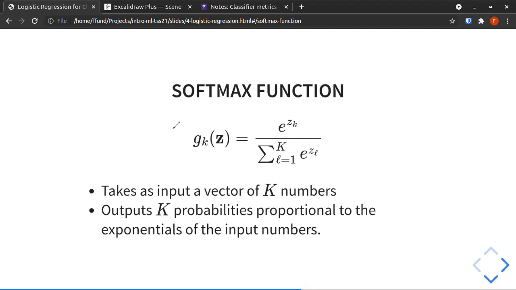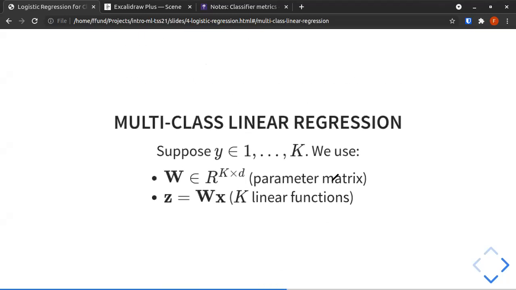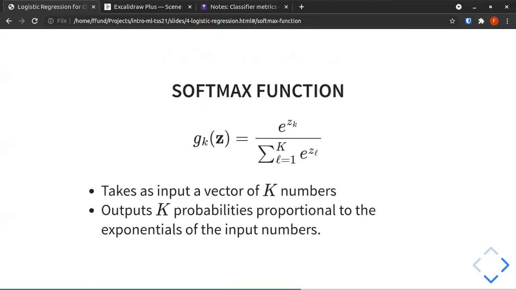So if you remember when we talked about, let's say, multi-class classification, we talked about having multiple separating hyperplanes, one for each class. So that's exactly what we're doing here. We have k linear functions, each defined by a separating hyperplane like this. And then we compute the value of this function, which tells us how far above the separating hyperplane for the kth class we are.